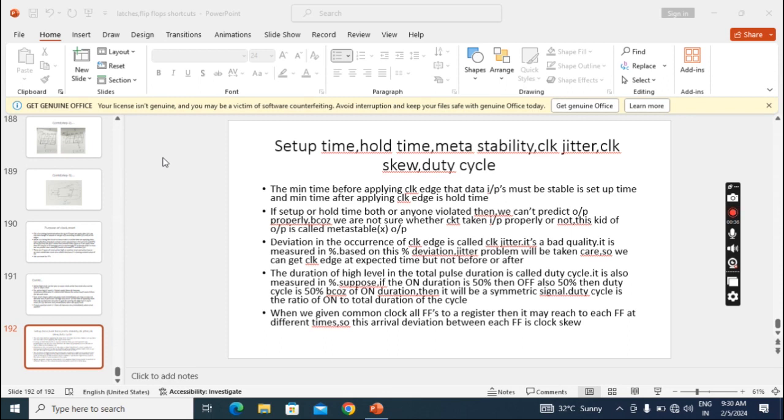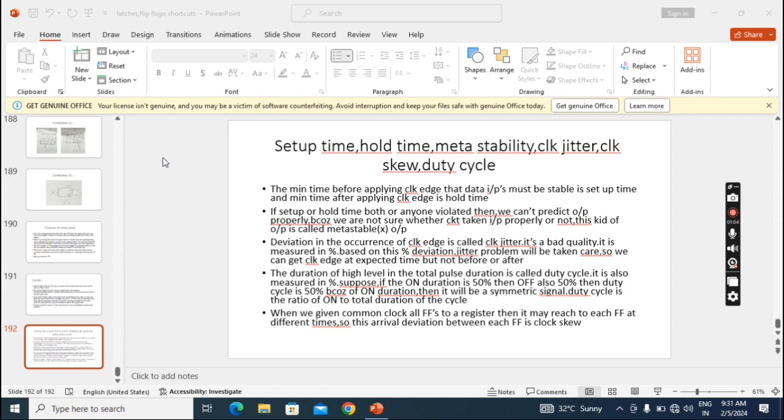So for sequential circuits like flip-flops, we apply data inputs and a control input like clock. Whatever data we are applying, that data should be stable before the clock edge and after the clock edge for a certain minimum duration of time. Then only can that circuit take the input properly, and then only can it produce output properly according to the input.